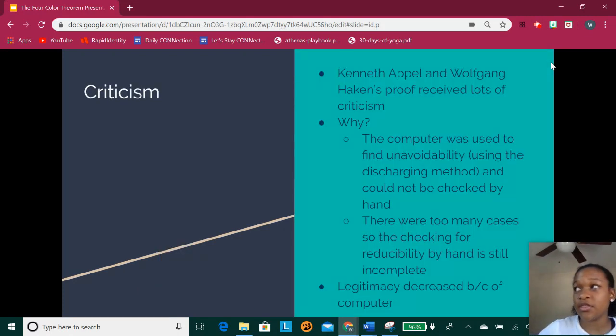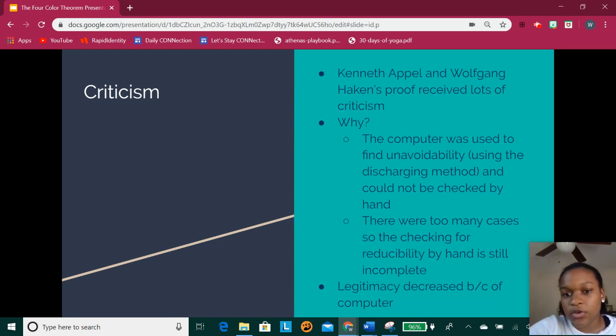Of course, with success, there are criticisms. Kenneth Appel and Wolfgang Haken received lots of criticism for their proof because, one, the computer was used to find unavoidability.